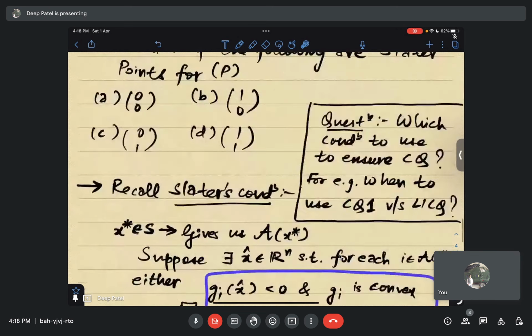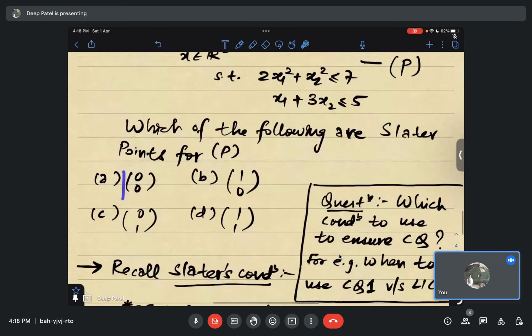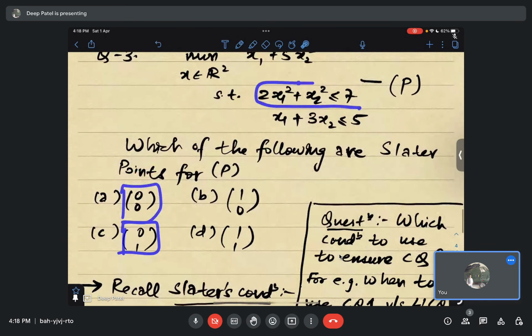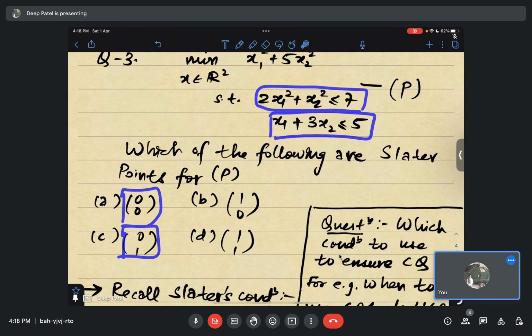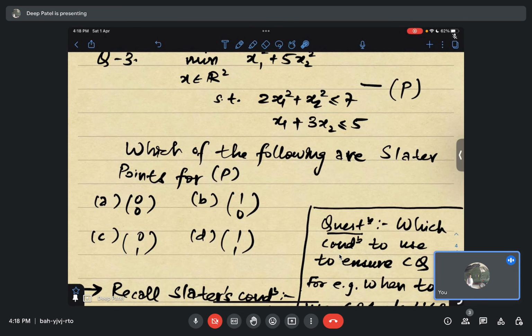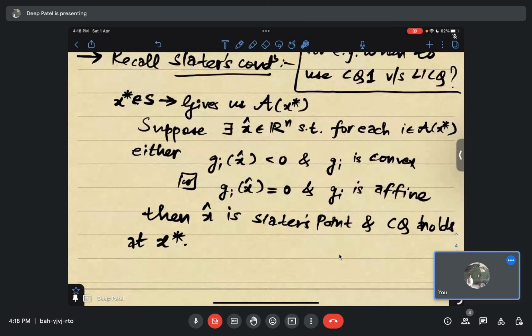Yes, the x hat. So if we are given all the x hat, all we need to check is whether this is a convex constraint, or this is an affine case. Actually, one second. I think g of x should be okay if it is less than or equal to 0.